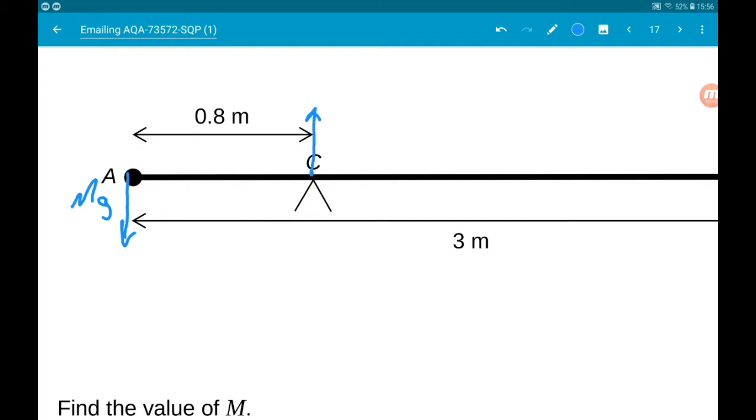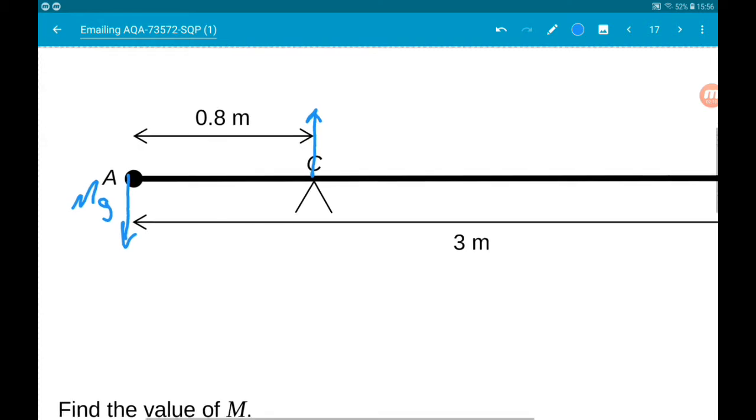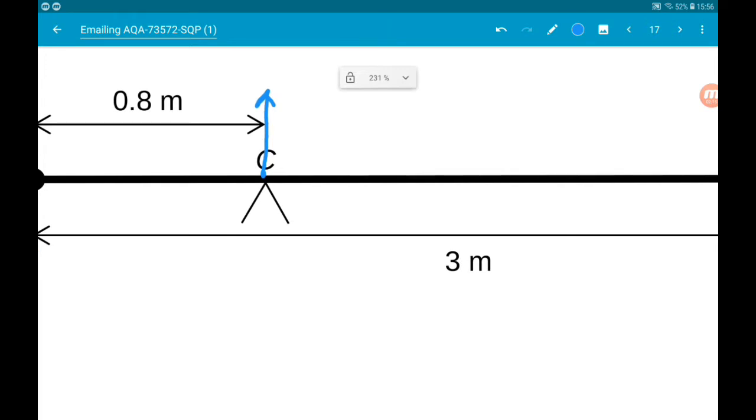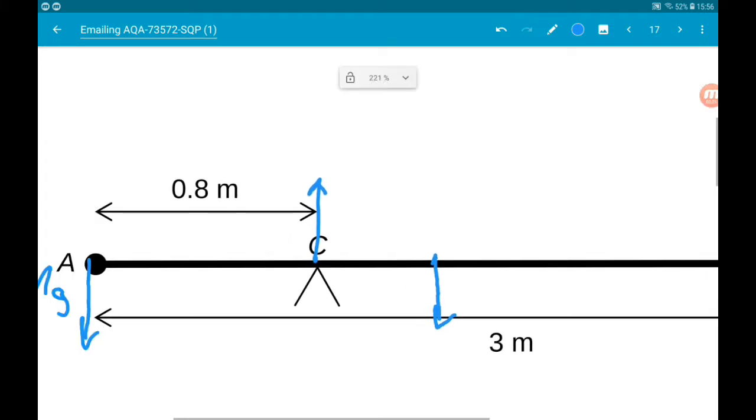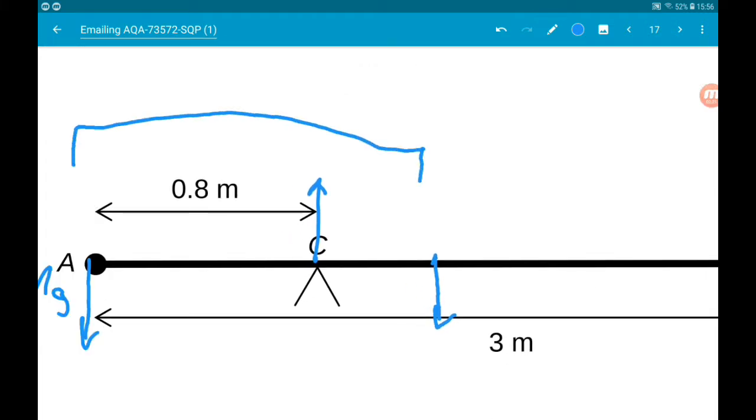Now that's going to be working downwards at the centre of the rod. So that's going to be 1.5 meters along.